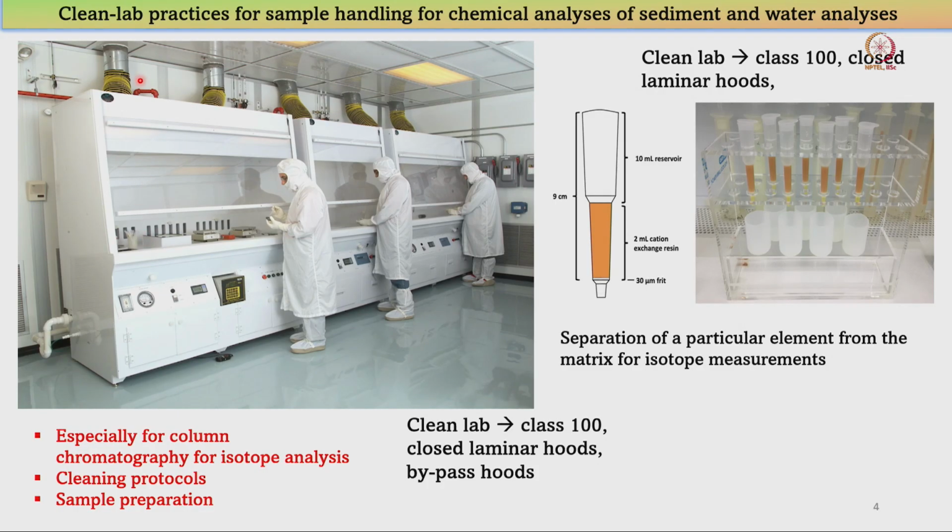Those are called the bypass hoods, because the clean air layer will flow and the exhaust will pull it such that the fumes get out. So, if you are doing some acid work, an acid step, this is what is used.